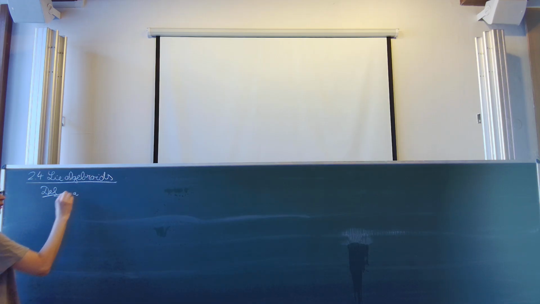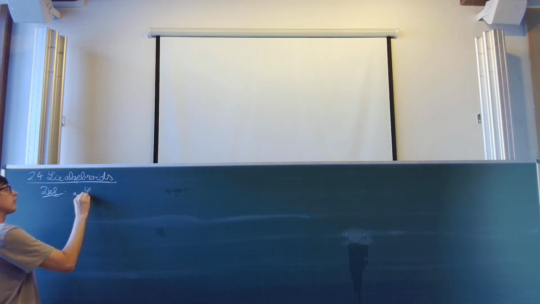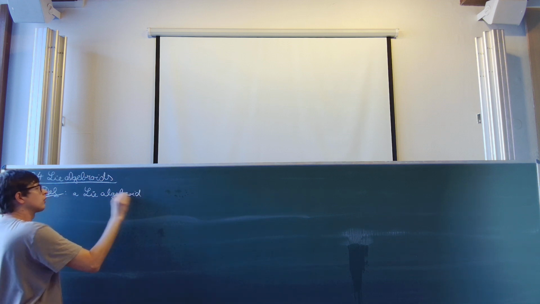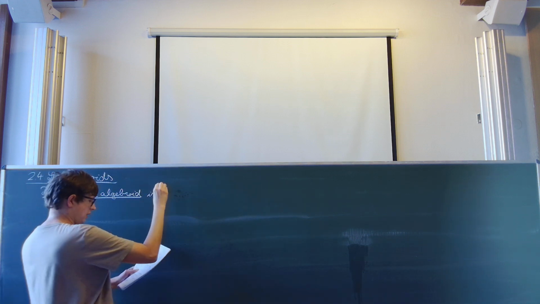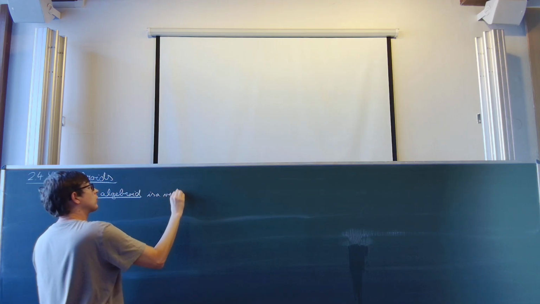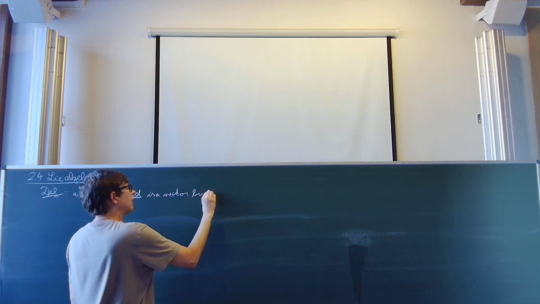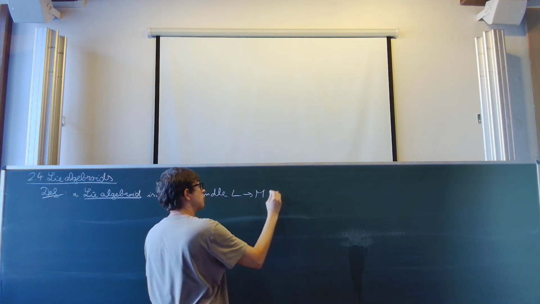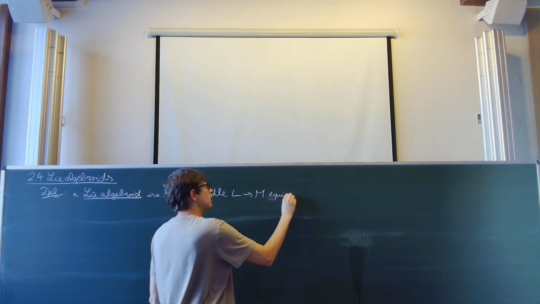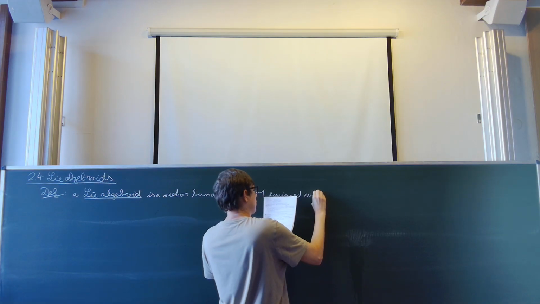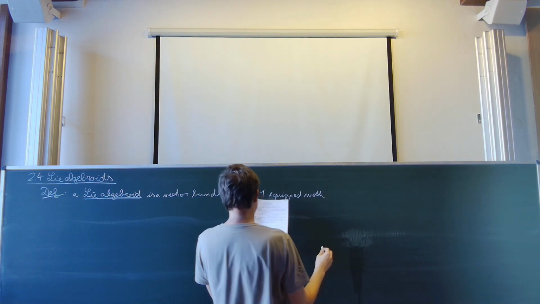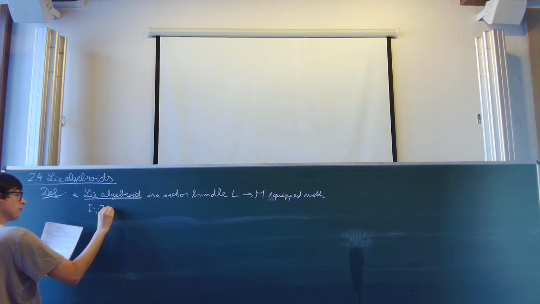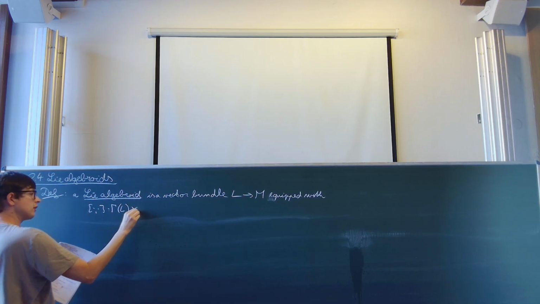Okay, so what is the definition? A Lie algebroid is a vector bundle, I will call it L for Lie, equipped with further structure, just as Courant. There is a bracket, most importantly, on the sections.